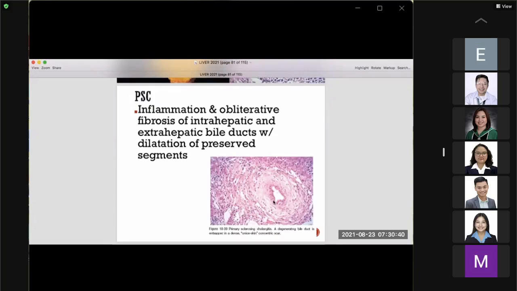There is involvement of a certain area of the GIT, the colon, specifically the unaffected area will be dilated because of that constriction. So the same thing holds true here. So may fibrosis, smaller lumen. So the other areas that are not involved, there is dilatation of that one.